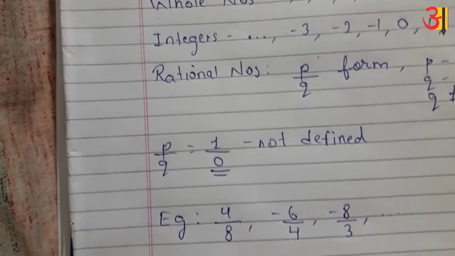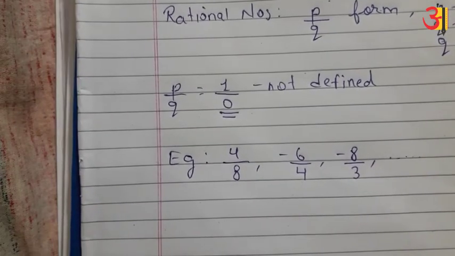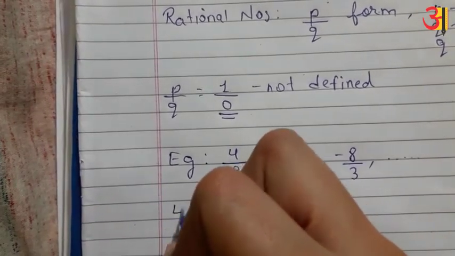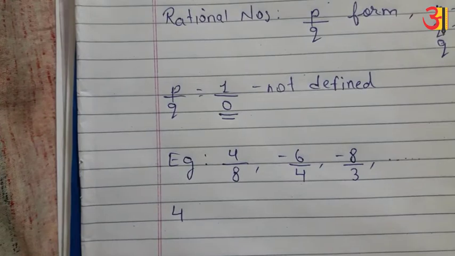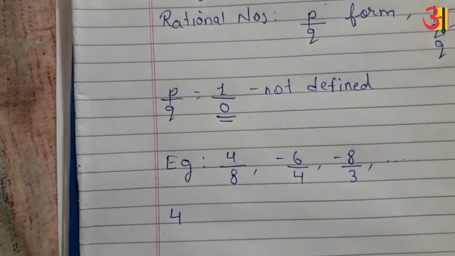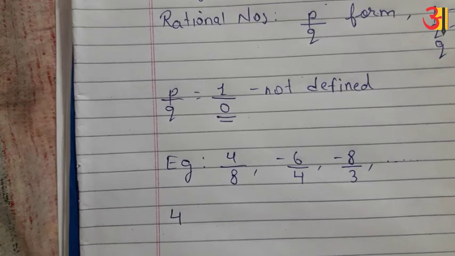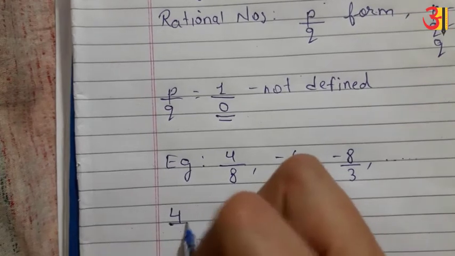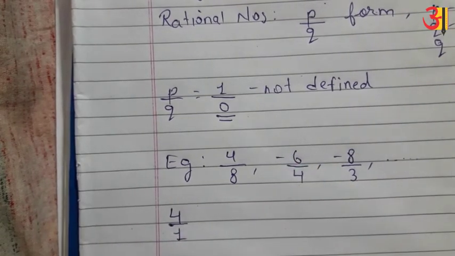Also, I wanted to describe that if a number is given as 4, then you know that it is a whole number and an integer, but it can also be a rational number, because according to the definition it is of P by Q form. So in P by Q form the numerator is there, and over here we can consider the denominator as 1.